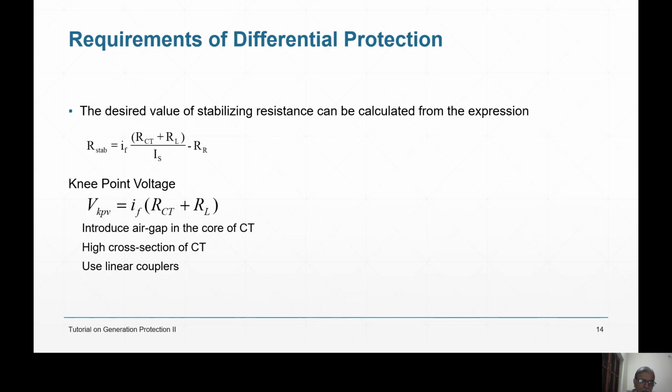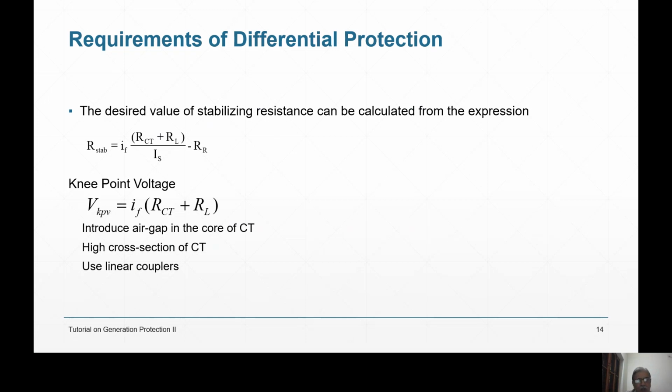It is a typographical mistake, because I am writing it and giving it to somebody else. Mistakes are very rare but happen. But the KPV should be 2 IF into RCT plus RL.